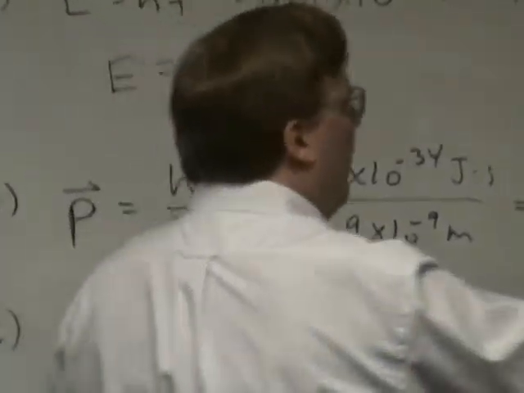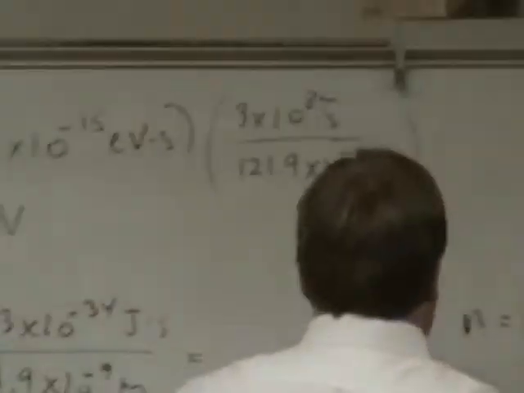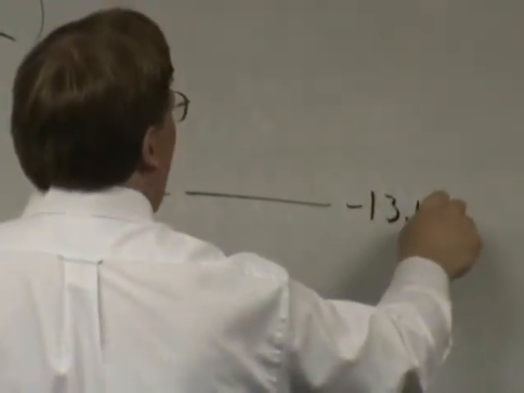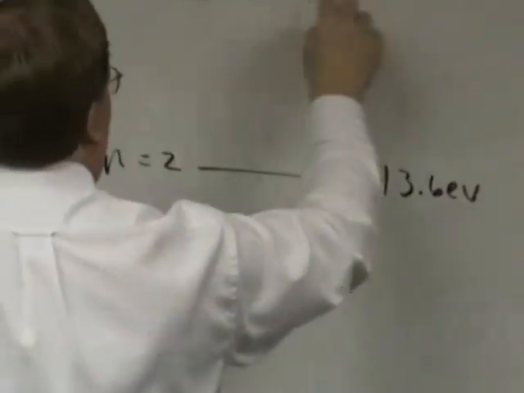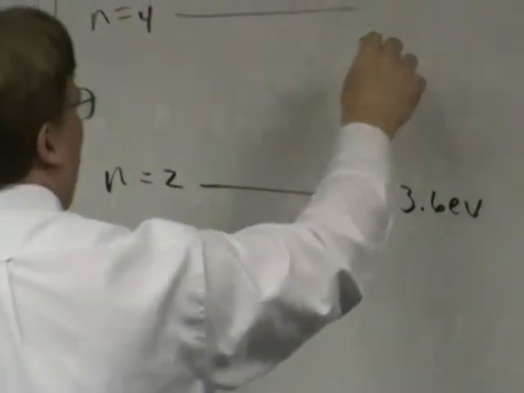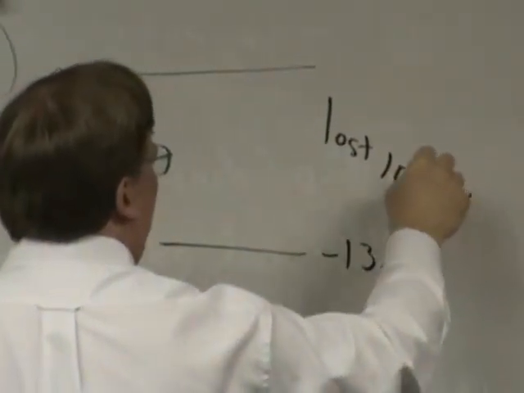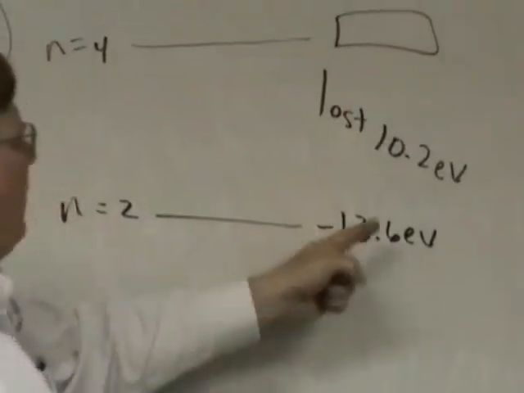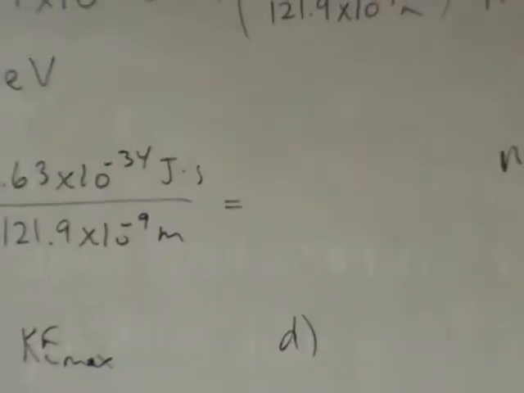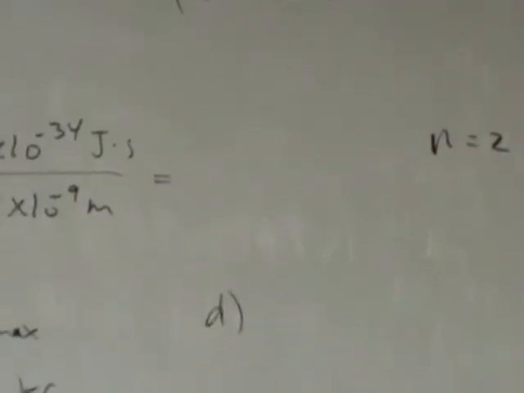And we know that n equals 2 is negative 13.6 electron volts, and n equals 4, that's what we're trying to find, but you know you lost 10.2 electron volts to get from there to there, and I'm just kind of trusting your ability to do arithmetic in your head.